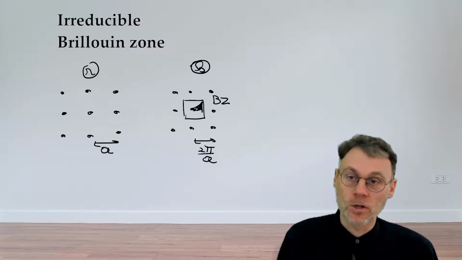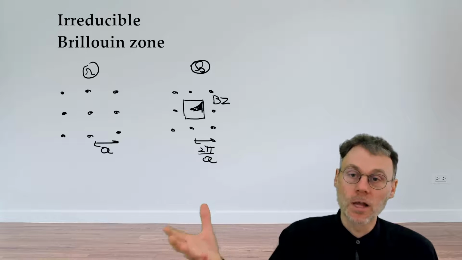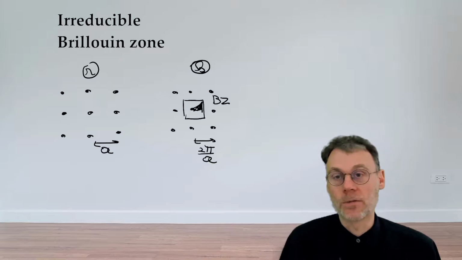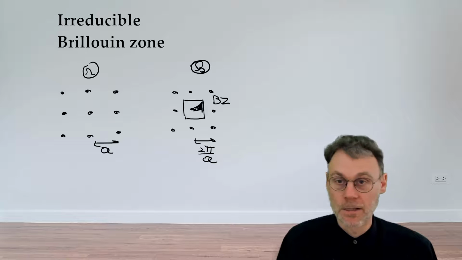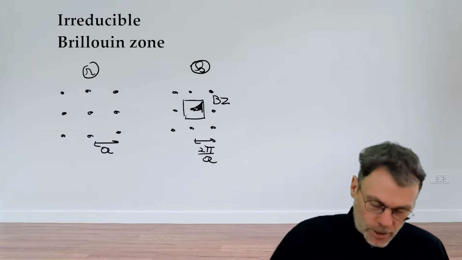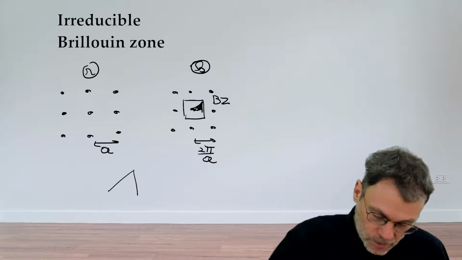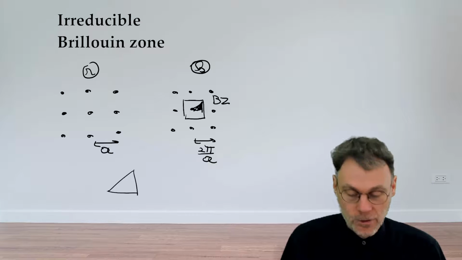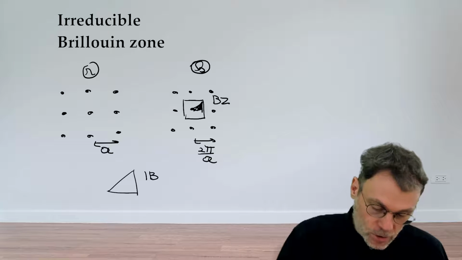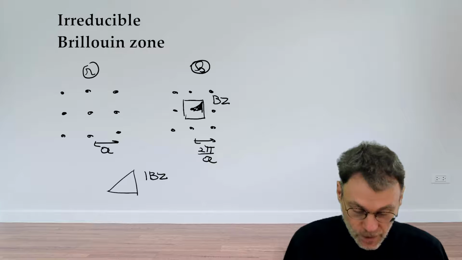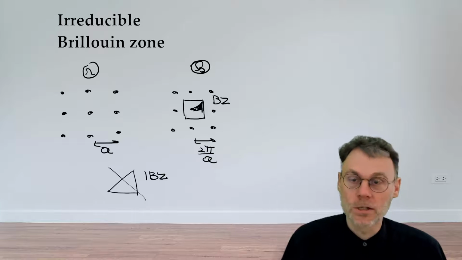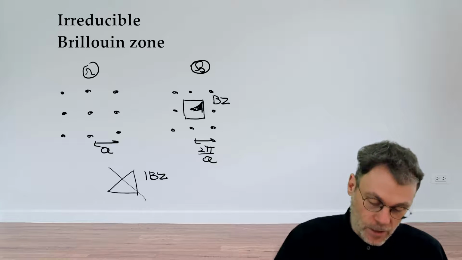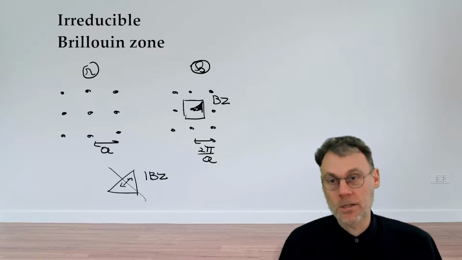So it's just what you end up with if you take the Brillouin zone and apply all of the extra symmetries that are present in the system. By the way, don't get confused. Some people say, okay, I have my little triangle over here, and that triangle in the irreducible Brillouin zone has some extra symmetries. For example, I can reduce it by half here because it has mirror symmetry along this axis.